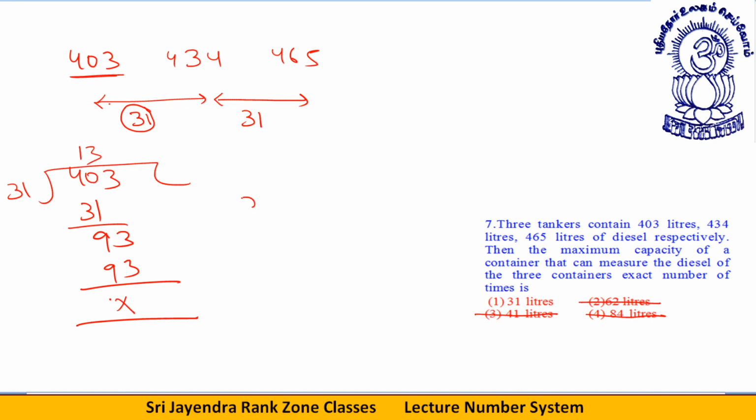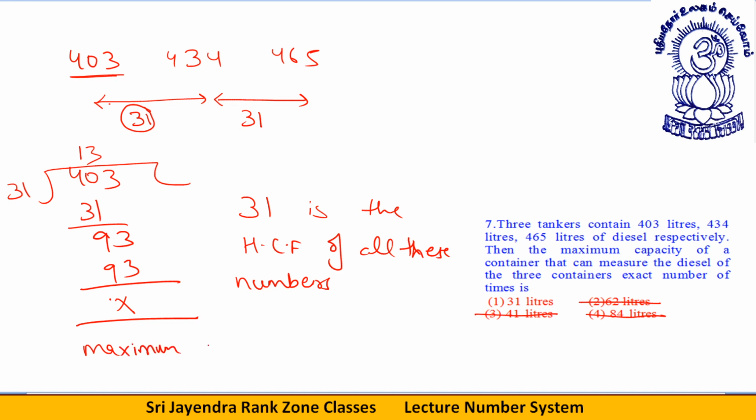So that way 31 is the HCF of all these numbers, or I can say maximum capacity of the container should be 31.